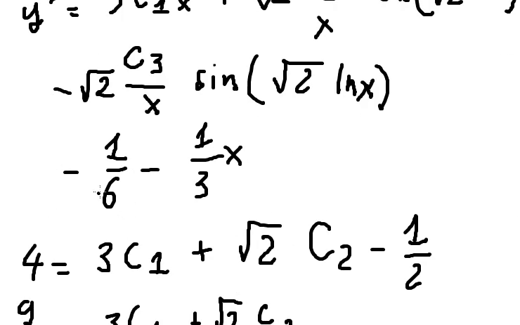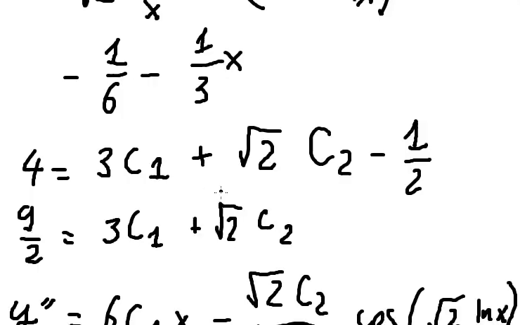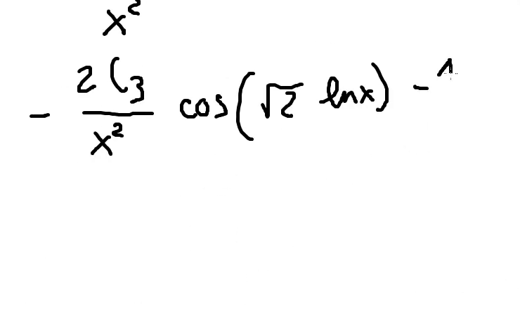And the next one, this one that is about the constant. This one we have 1, so we have negative 1 over 3.